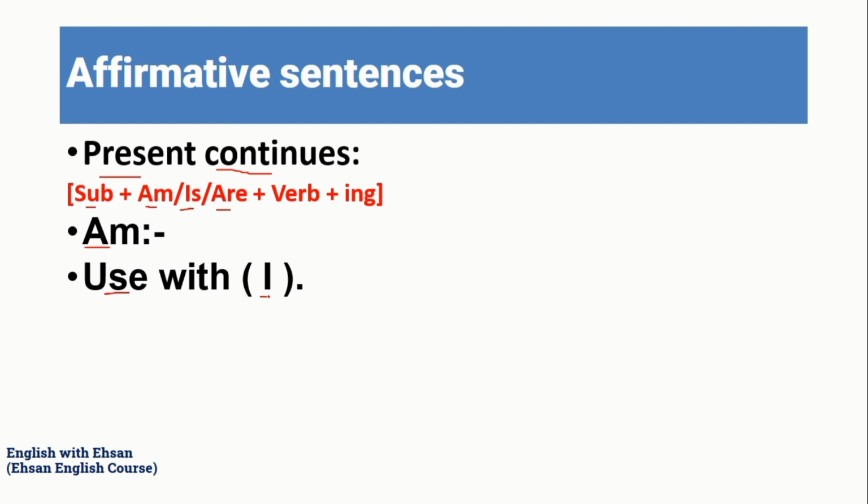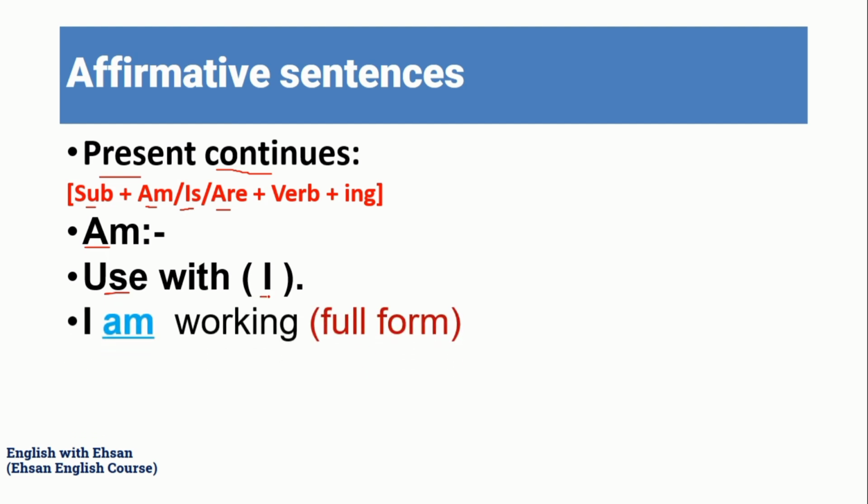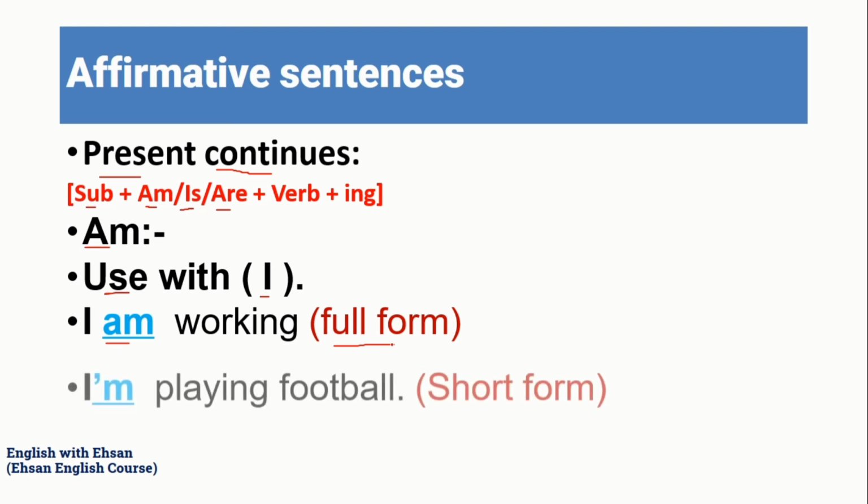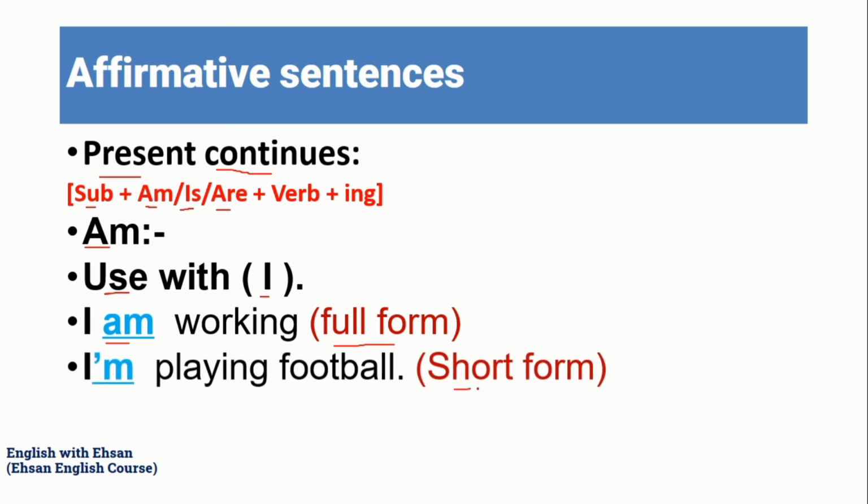Like here we have an example: I am working. It's the full form, and you will know the short form through the lecture. I'm playing football. It's the short form. We just omit the a, and we put the apostrophe instead.